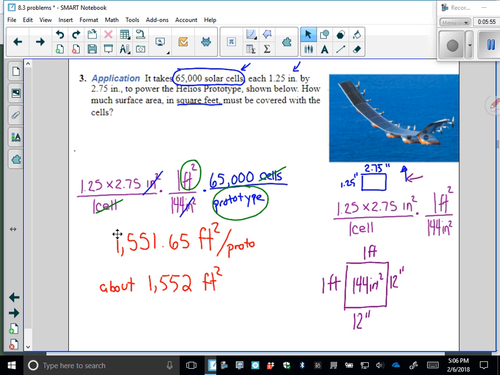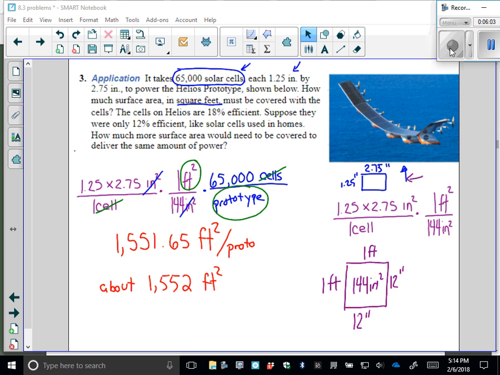And then the next thing is we want to go back and look at that question. I have to pause to stop it from hiding. Okay, so now that that's readable, we're looking at this efficiency. So the ones in this picture are 18% efficient.